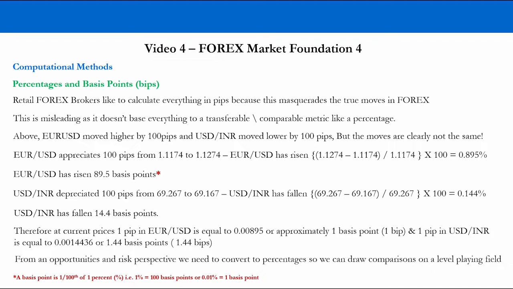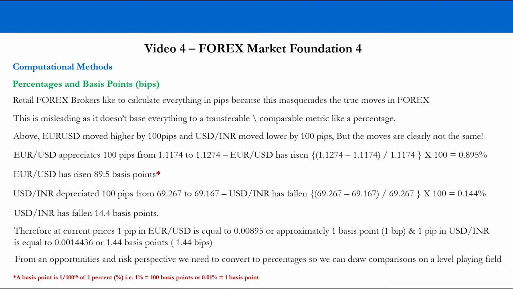And when we compare this euro dollar move in basis points to the dollar rupee move, we can see the euro dollar move was actually a much bigger move. So when we look at dollar Indian rupee, the percentage move was 0.144%, or 14.4 basis points. So the current price, if you work it out in euro dollar, we can work out from that what 1 pip is equivalent to in basis points.